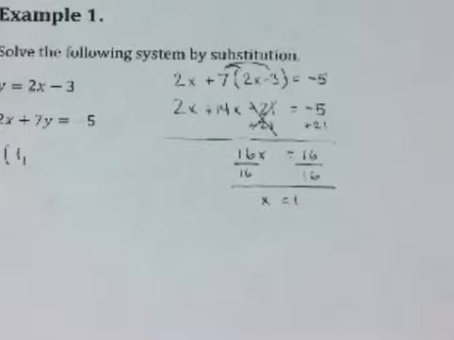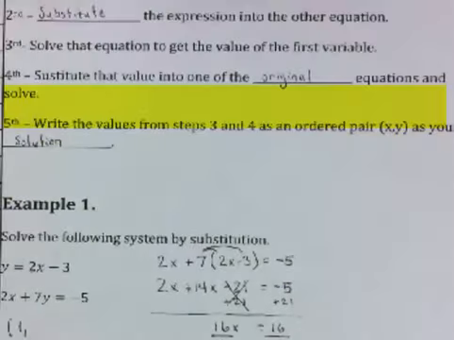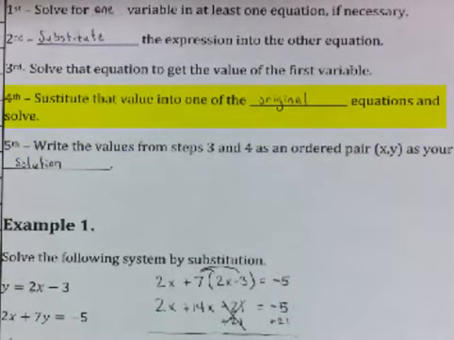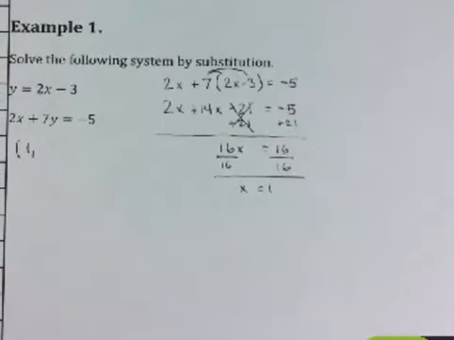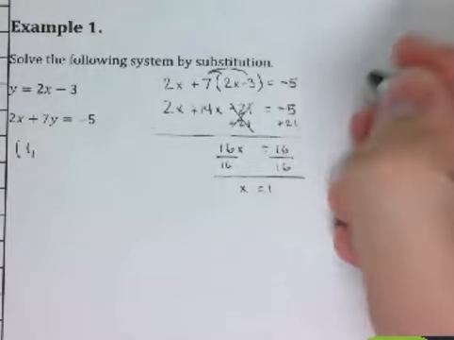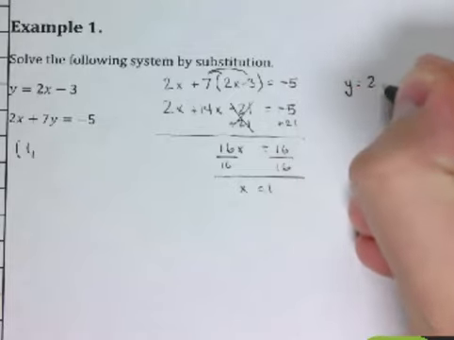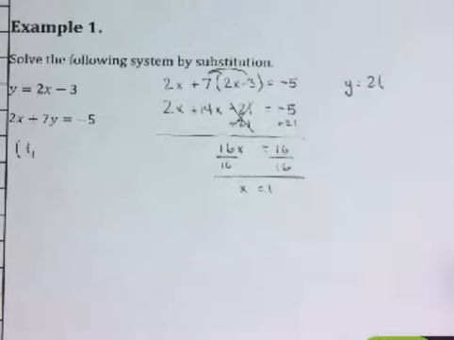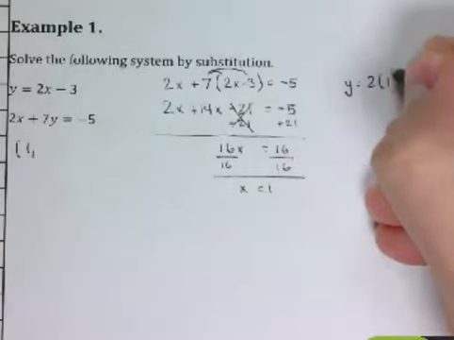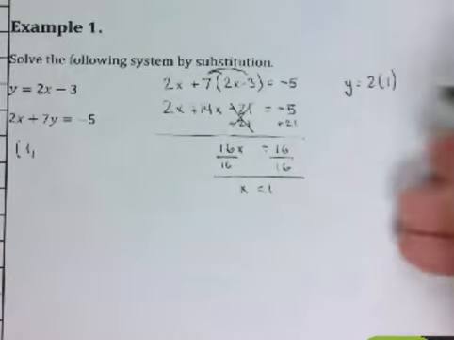Now we need to go ahead and continue solving this system. The fourth thing is to substitute the value into the original equation and solve. So we're going to substitute this value of x into our original equation, which was y equals 2x minus 3, but instead of x, we're going to use the value that we just found for x, which was 1, and then subtract 3.